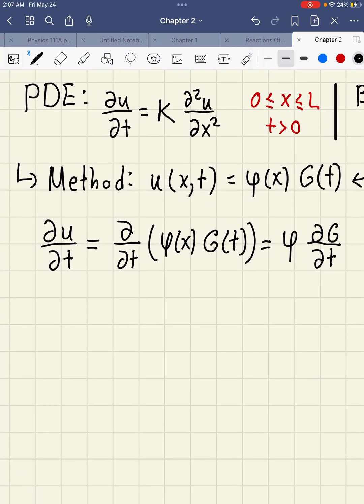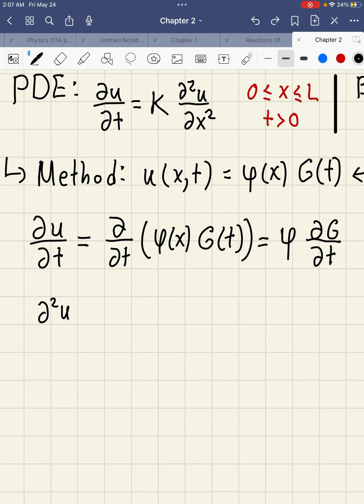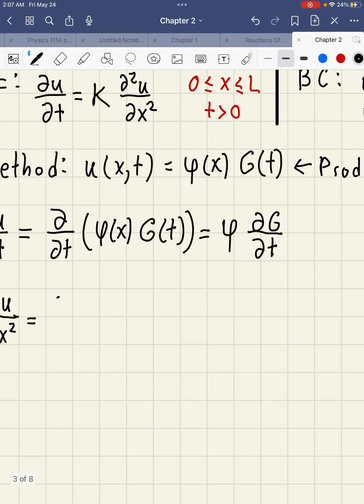Now let's do the right side. So my u of second order with respect to x, again I apply to my solution.